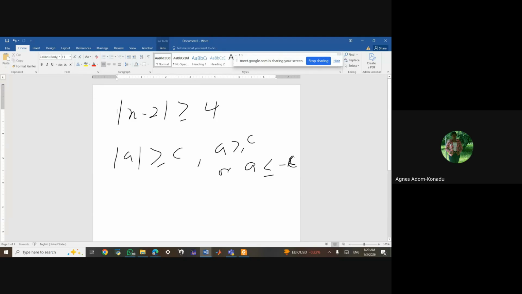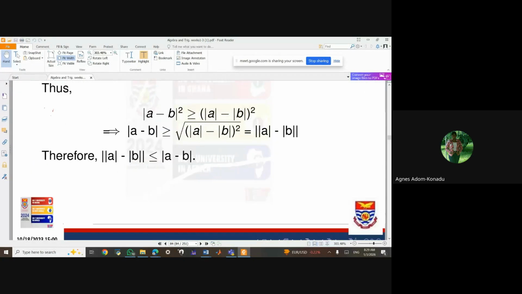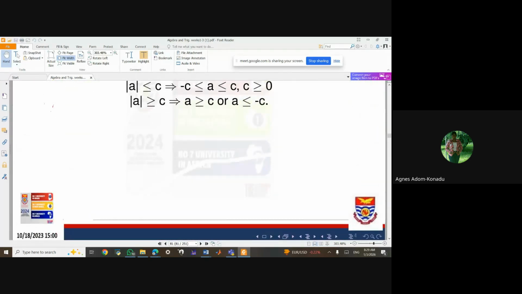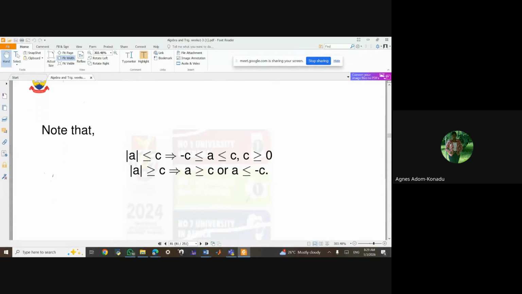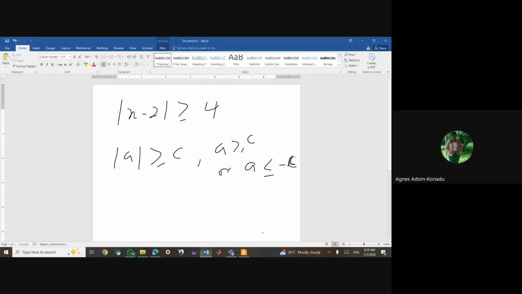So please, using this theory, solve this one for me. What will you get? First of all, find the values of x for me. Then we'll see how to represent it on a number line.